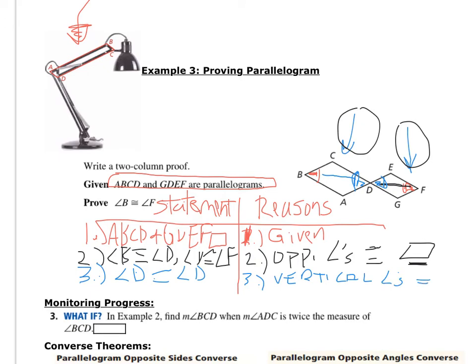Okay, so now we're ready for our last thing, which, remember, our last statement is always the part they're asking us to prove: that angle B is congruent to angle F. Well, this goes back to something that we did first semester. Now, let's look at this statement right here.